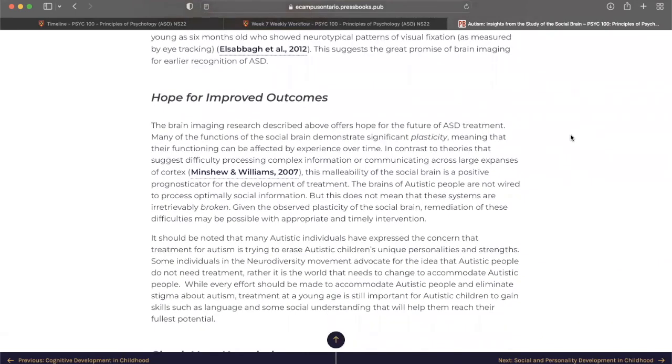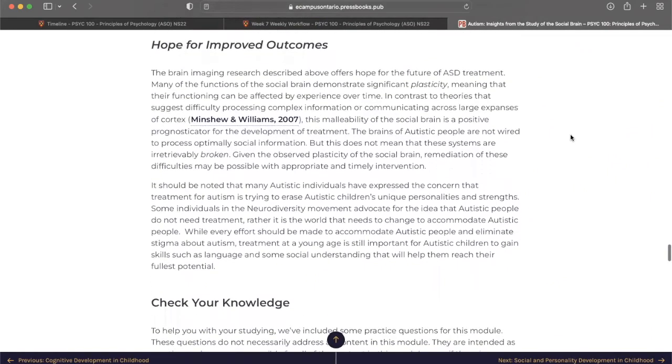Hope for improved outcomes. The brain imaging research described above offers hope for the future of ASD treatment. Many of the functions of the social brain demonstrate significant plasticity, meaning that their functioning can be affected by experience over time. In contrast to theories that suggest difficulty processing complex information or communicating across large expanses of cortex, this malleability of the social brain is a positive prognosticator for the development of treatment.